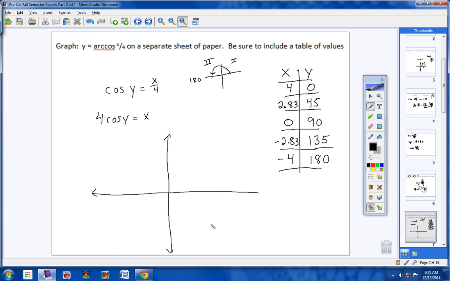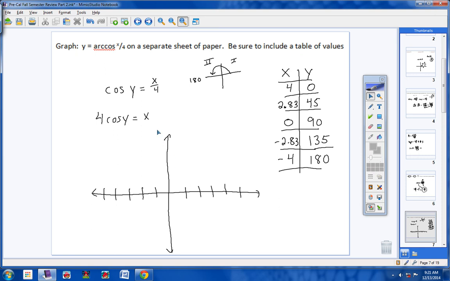Now let's be wise with our tick marks, okay? First of all, the x-axis goes from 4 to negative 4, so I'm going to put it 5. Give me a little more space that way. Now my y values go from 0 all the way to 180. In fact, there's no negative y at all, so I really made a mistake here, in my opinion.